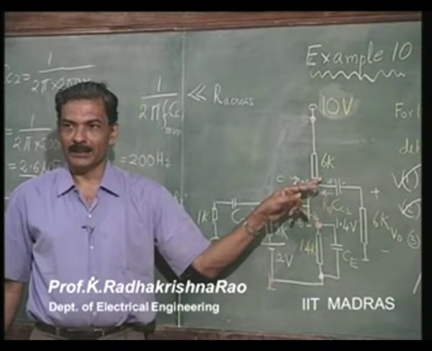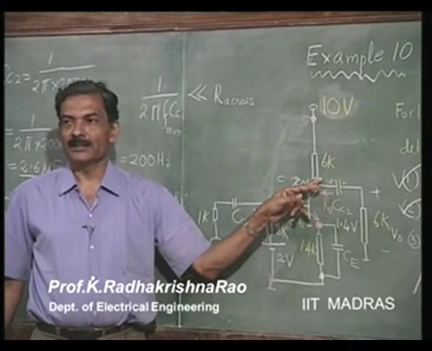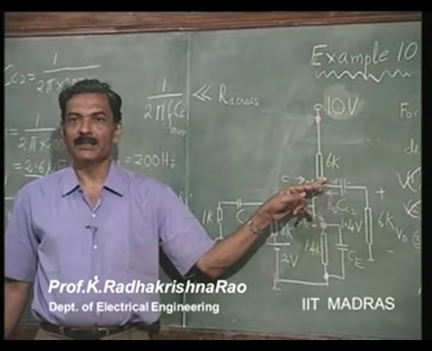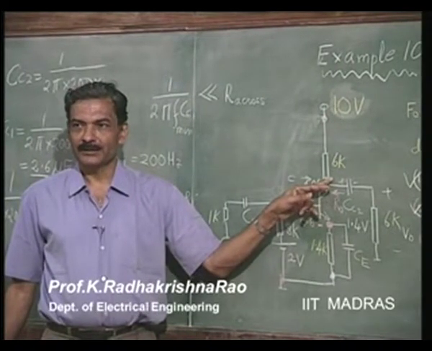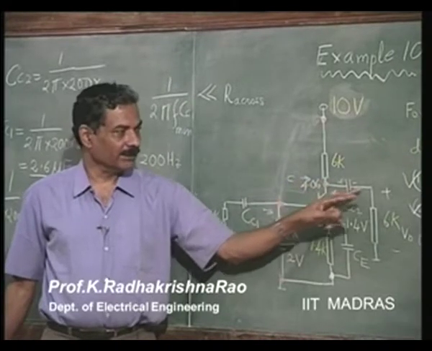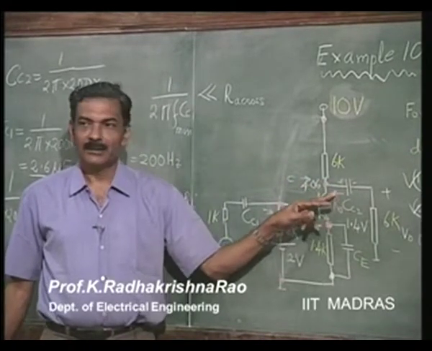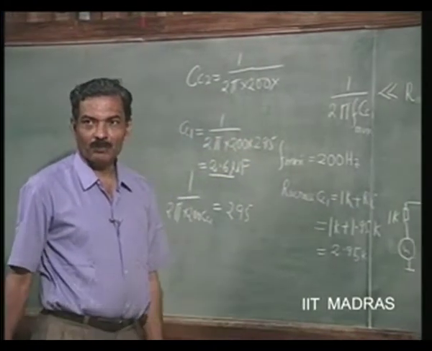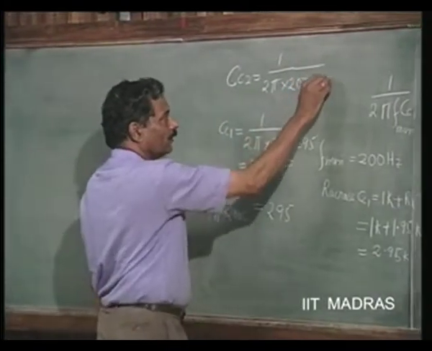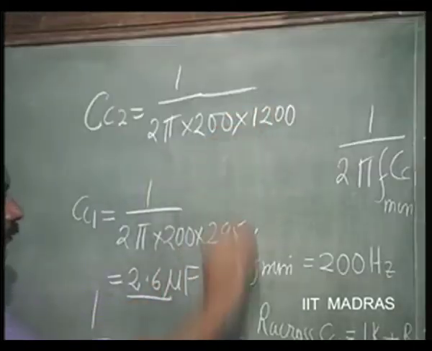So, 12 k. That means the resistance offered by the capacitor should be less than 1.2 k. So, this is 6 k and this is 6 k. So, 12 k, 1/10 of that is 1.2 k.